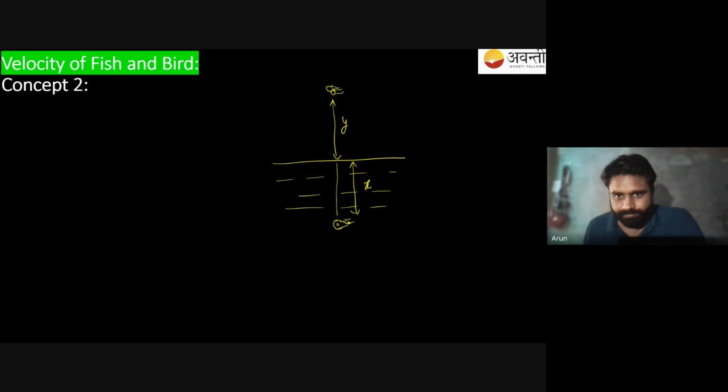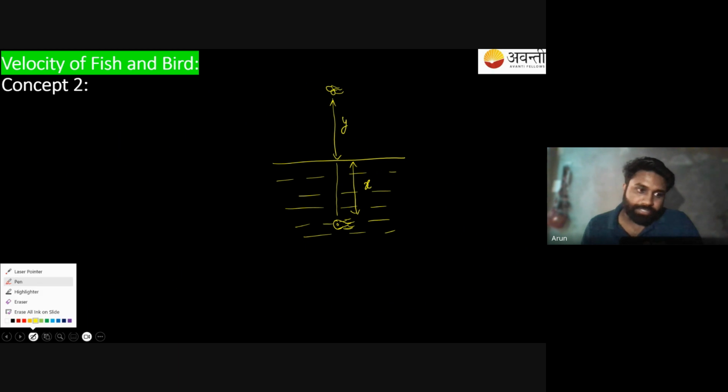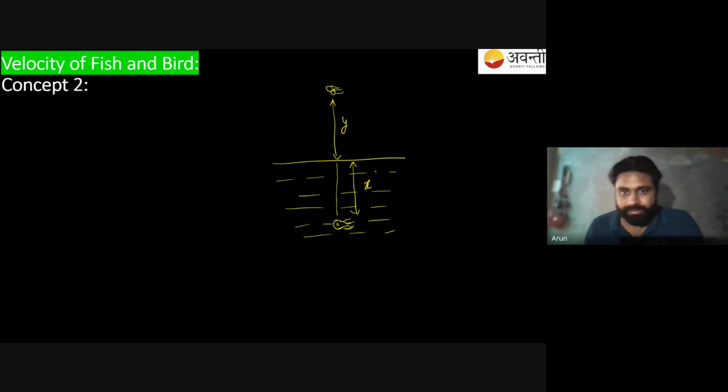Now if the bird is observing the fish, you will say that this object is in the denser medium, so it would appear somehow lifted, somehow up. So x dash, the new position, is less than x.